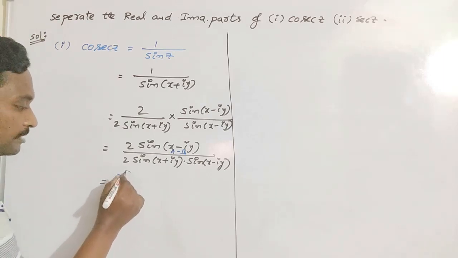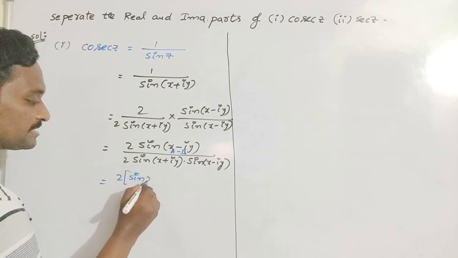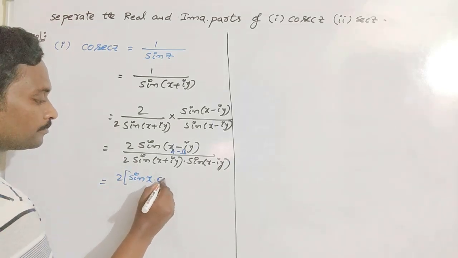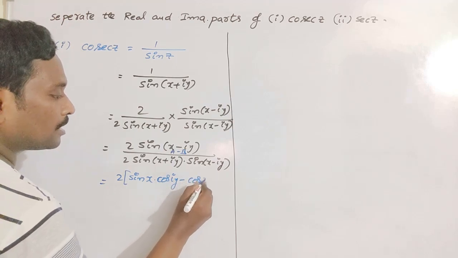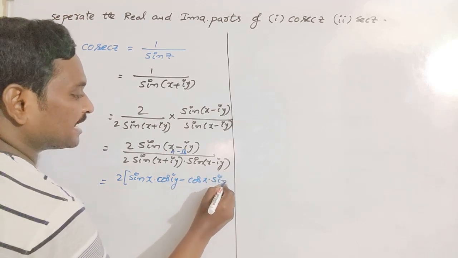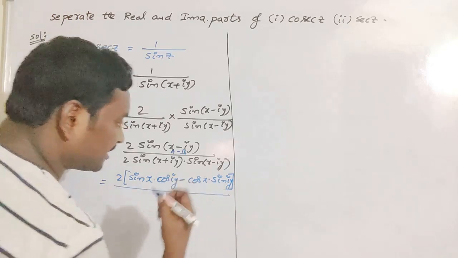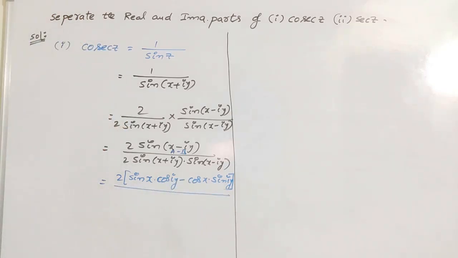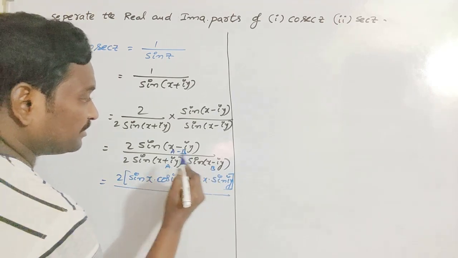So 2 is there. So 2 whole into sin x into cos iy minus cos x into sin iy. Close the brackets. Write the denominator. In the denominator we have the 2 sin a sin b formula.